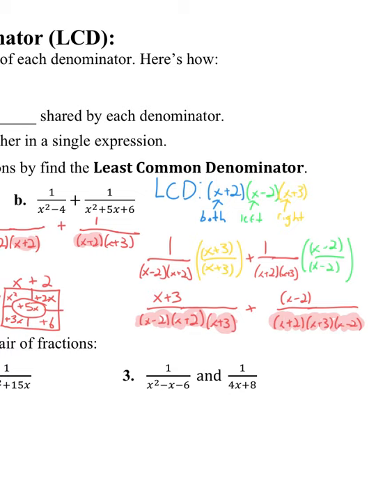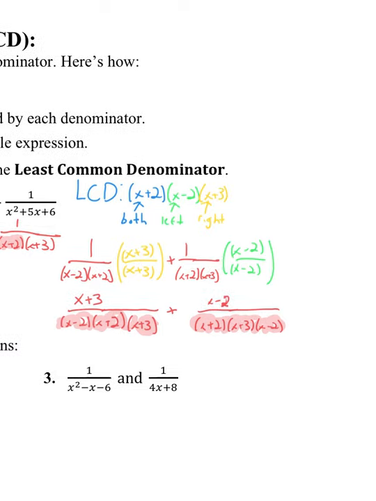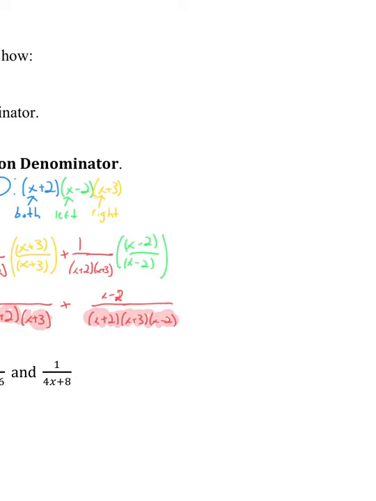And now we're just adding x plus 3, and I can delete those parentheses there, and x minus 2. So we're really doing x plus x, that's 2x, 3 minus 2, that's 1. So this whole thing is going to simplify to 2x plus 1 over my denominator, x plus 2, x plus 3, x minus 2.